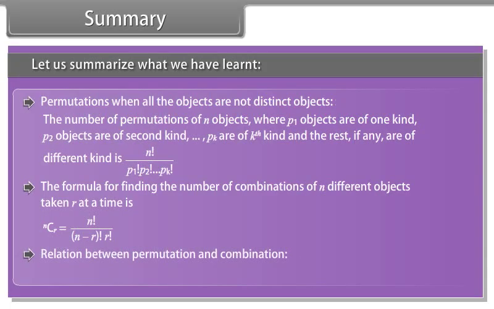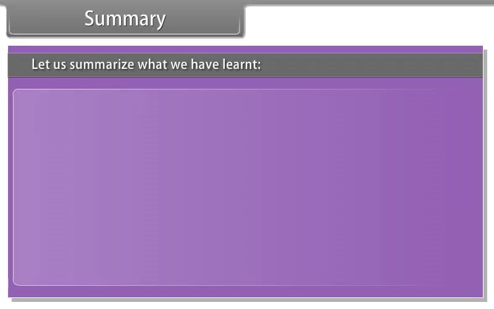Relation between permutation and combination: nPr is equal to nCr into r factorial, where 0 is less than r is less than or equal to n. Important results. If r is equal to n, nCn is equal to 1. If r is equal to 0, nC0 is equal to 1.